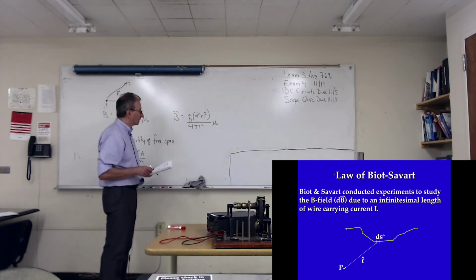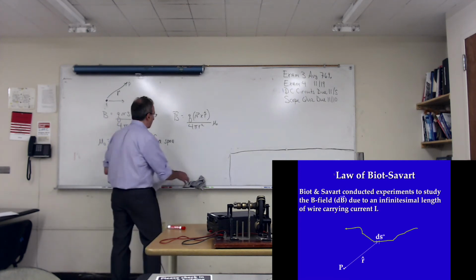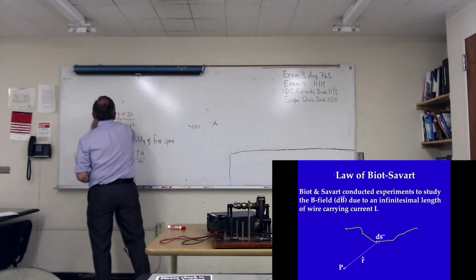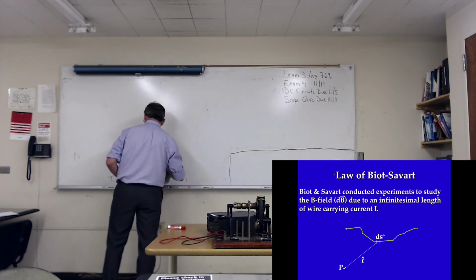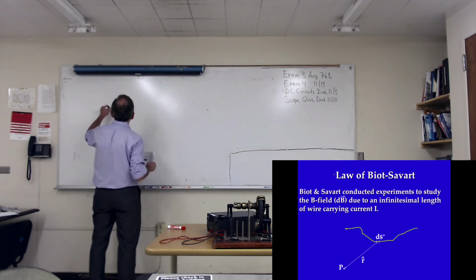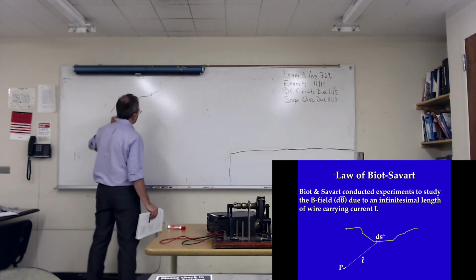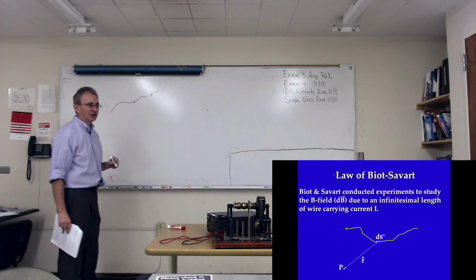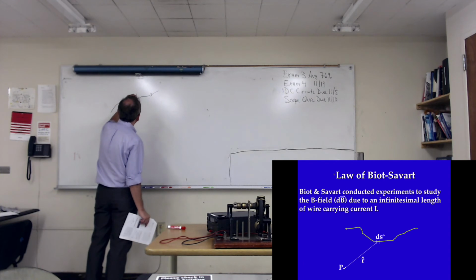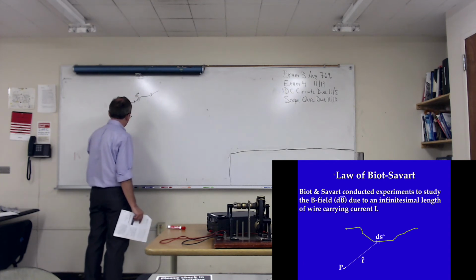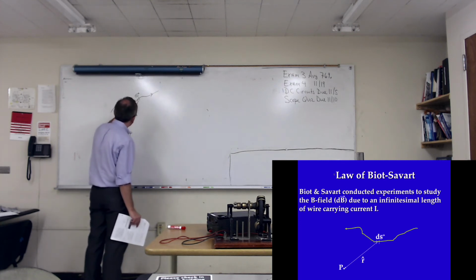What about the field due to a current carrying wire? Biot and Savart showed that if you have a current carrying wire like that, a lot of times the term filamentary is used, and let's look at a ds, and you want to calculate the field at this point. You define your unit vector r hat like this.